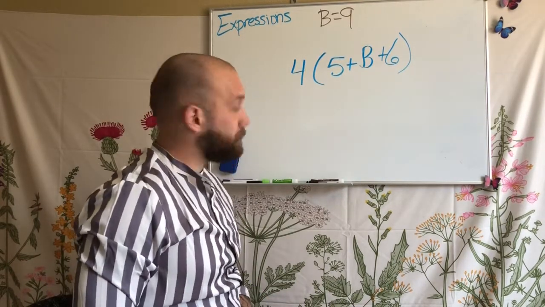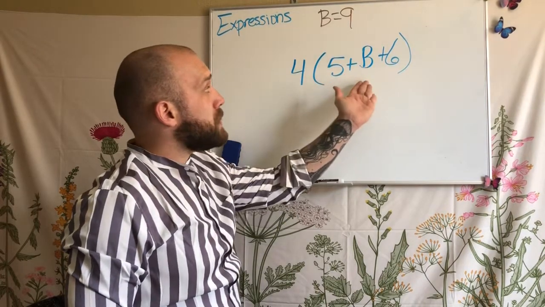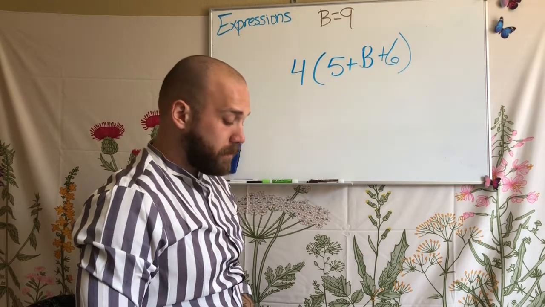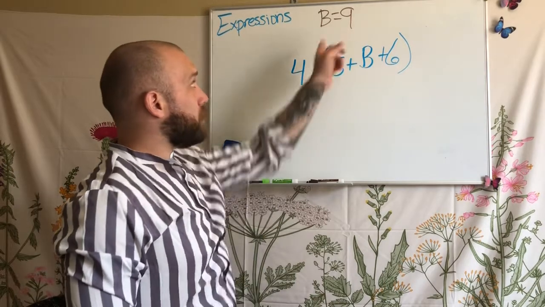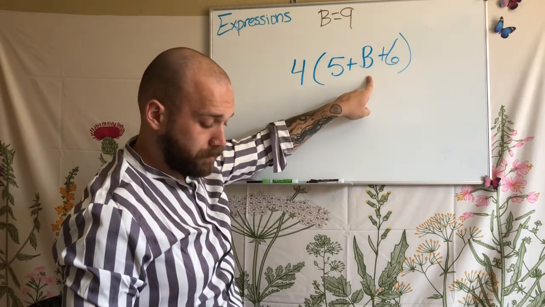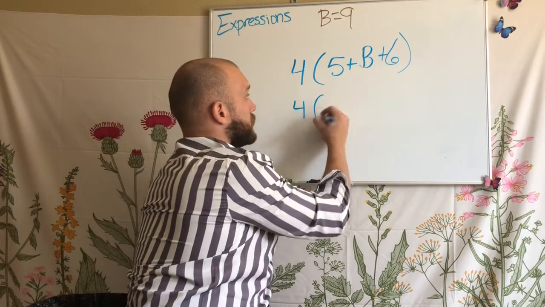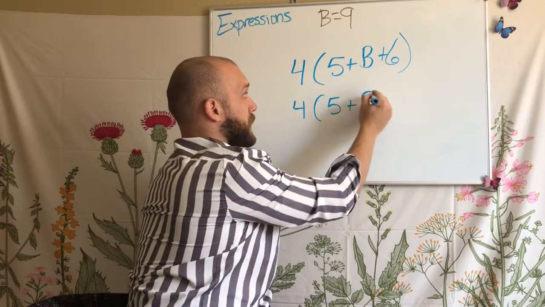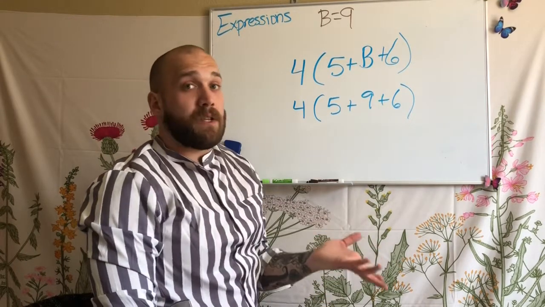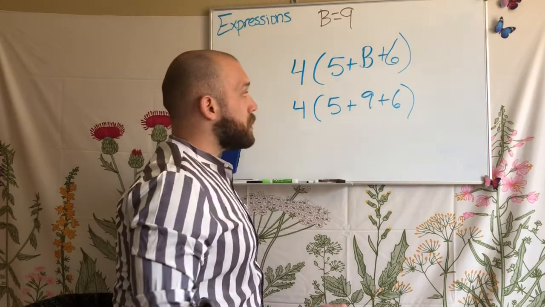Read the problem. 4 times the quantity 5 plus B plus 6. So, I know in the box, or up above, we have B equals 9. So I know I can replace B with 9. So I'm going to rewrite my problem. 4 times the quantity 5 plus 9 plus 6. It's just like what we were doing before, except we're plugging in a letter and then giving you the value of that letter.